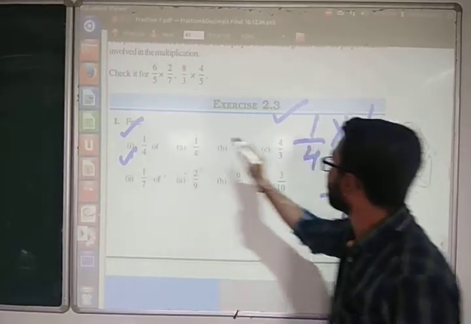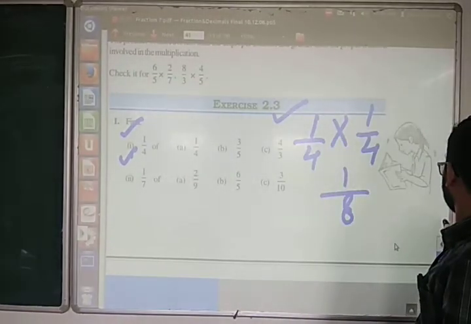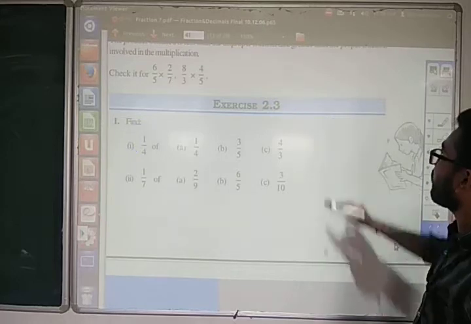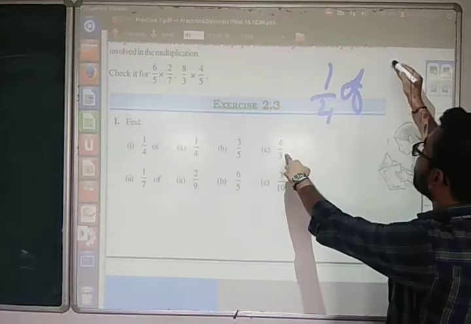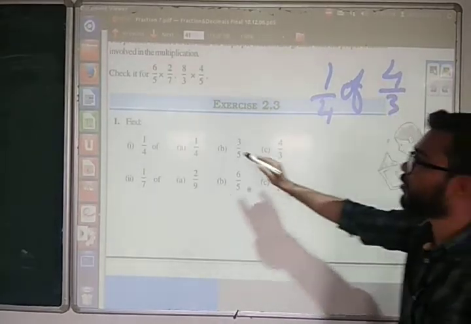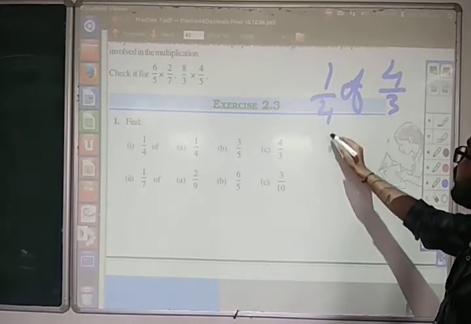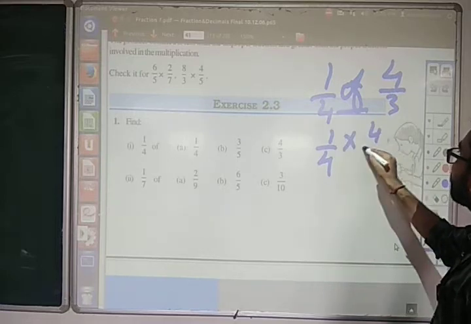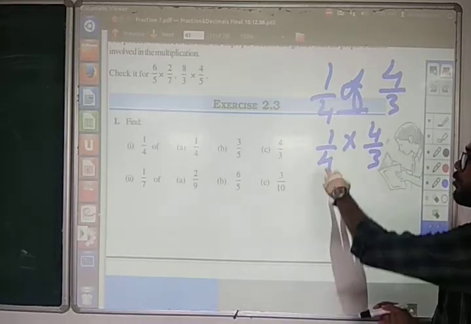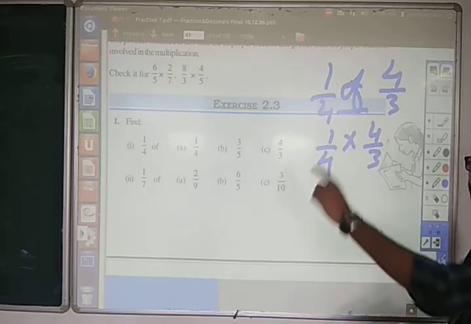Similarly 1 upon 4 of 4 upon 3. You need to multiply 1 upon 4 of this 4 upon 3. Of represents multiplication. When you need to multiply a fraction with a fraction, what do you do?